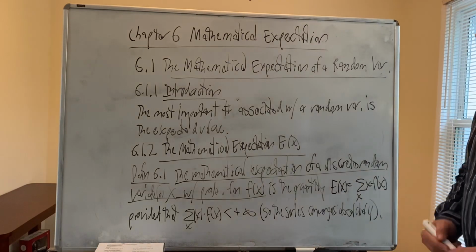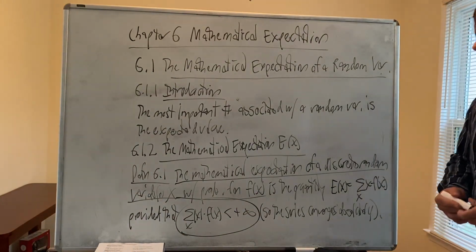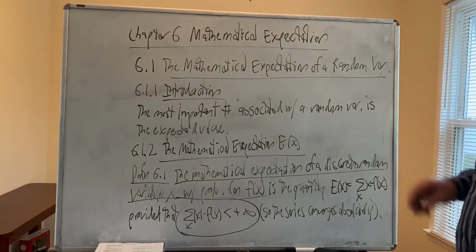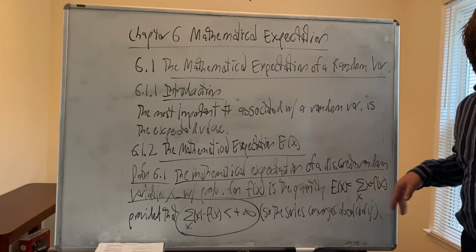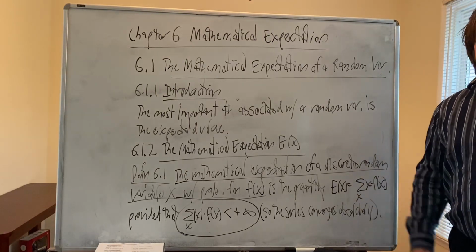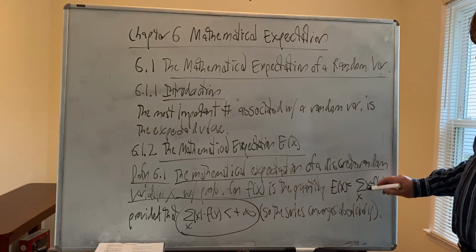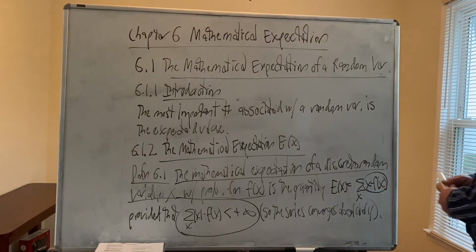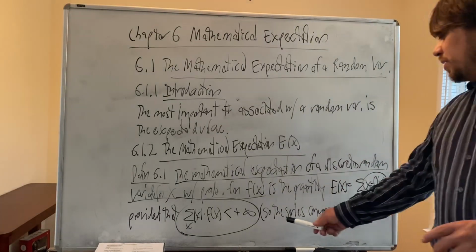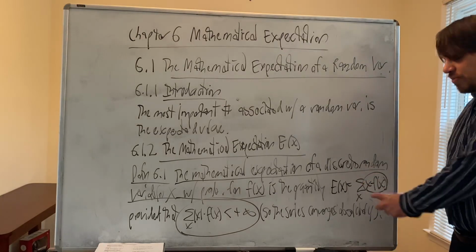Saying a series or sum converges absolutely means that if you take the original sum, but instead of adding the terms, you add the absolute value of those terms, and you get a finite number when you add up these infinitely many terms, then the original series converges absolutely. The terms here are x times f of x. So this series, E of X, converges absolutely if the sum of the absolute value of the terms is finite.